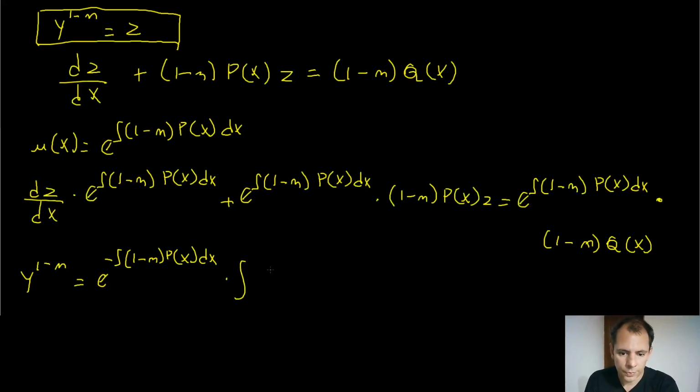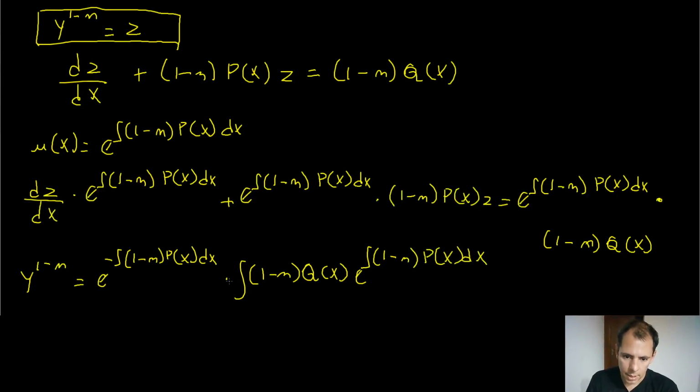Times the integral of q. Now, what is the new q? This is the new q, okay? 1 minus n q of x. And then you have times u of x. And what is u of x? It's e to the integral of 1 minus n p of x dx. And you're integrating here, so this is another dx, because this is the little dx of this integral, and this is the big dx of this integral, right? So dx, and there you go, that's it.